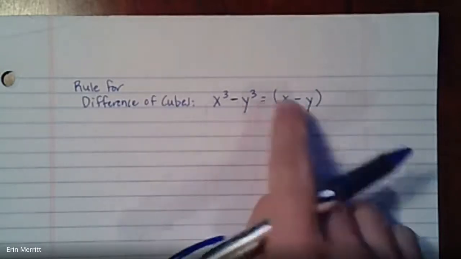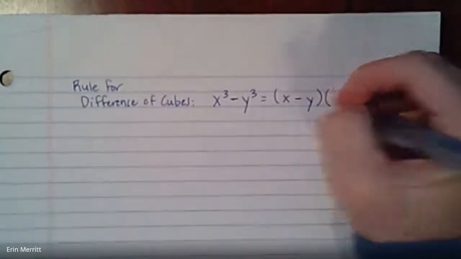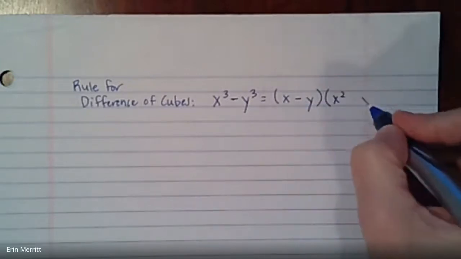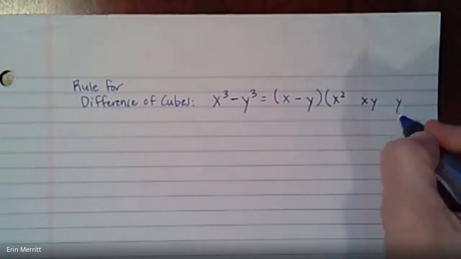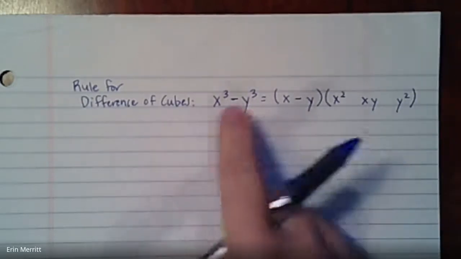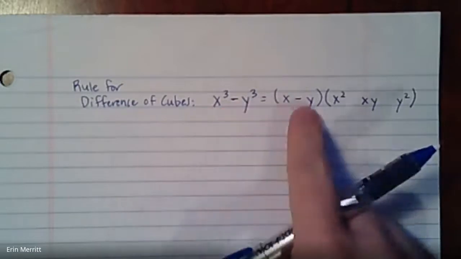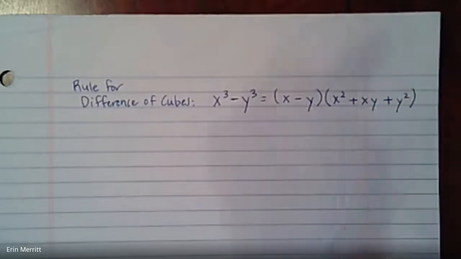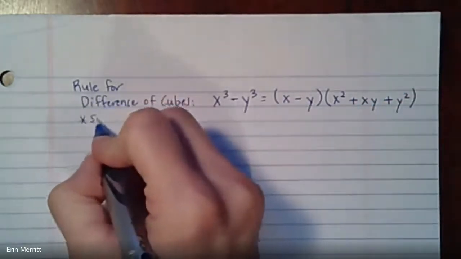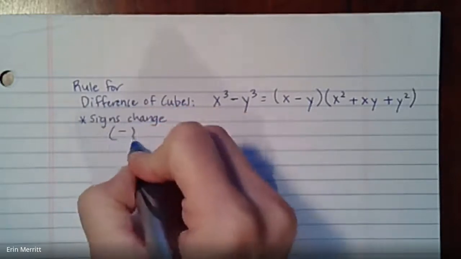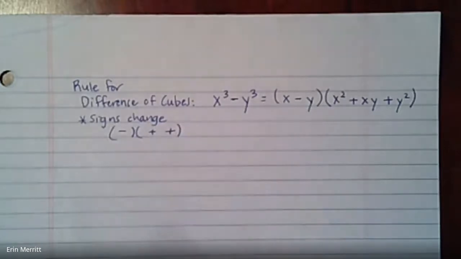So whatever sign is here always carries into the first parenthesis. As for the rest of it, it's still the first part squared, still the product of the two, and still the last part squared. The signs are what are going to change. There's only ever one minus sign in the problem. So if the minus sign is in that first parenthesis, then the other two end up plus. Just the signs change. So minus in the first, plus plus in the second.